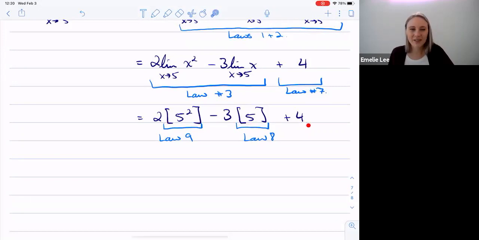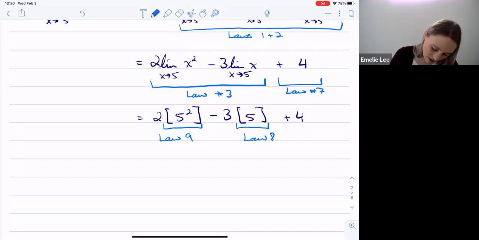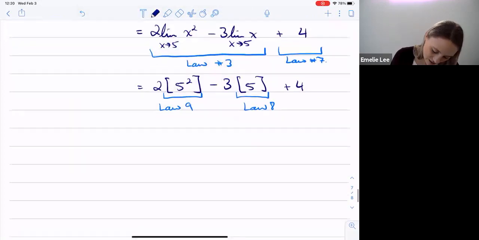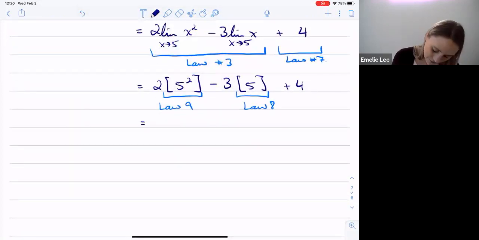Now, I don't have any more limits to calculate. I've already found these limits, and so now I'm able to just calculate this thing. So 2 times 5 squared: 5 squared is 25, times 2 is 50.